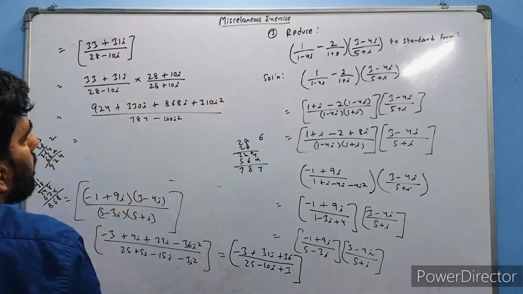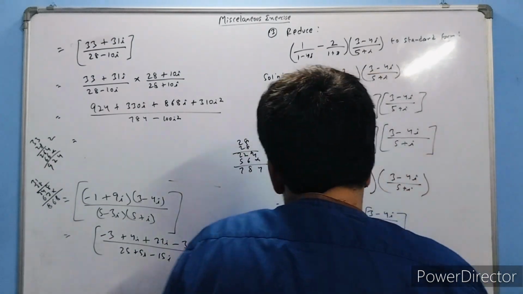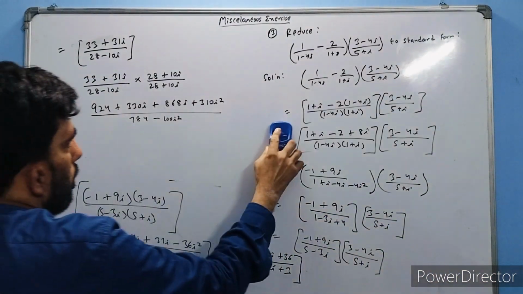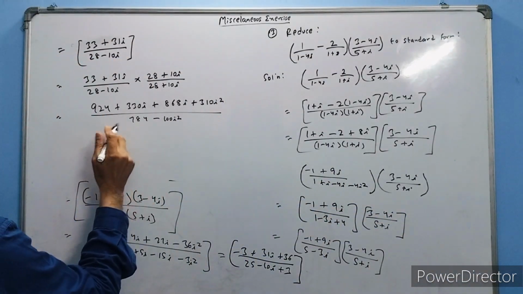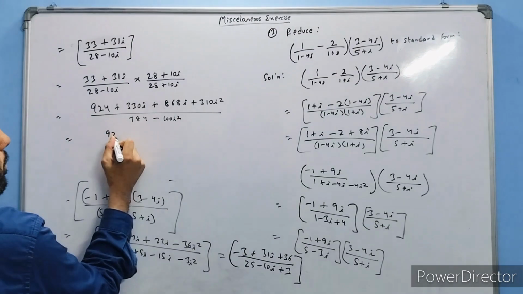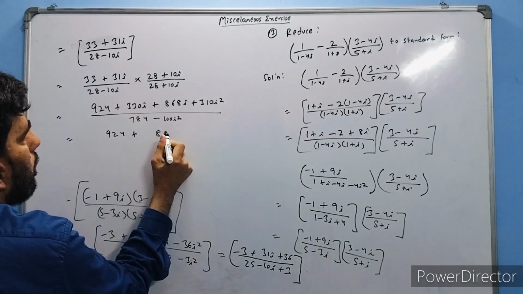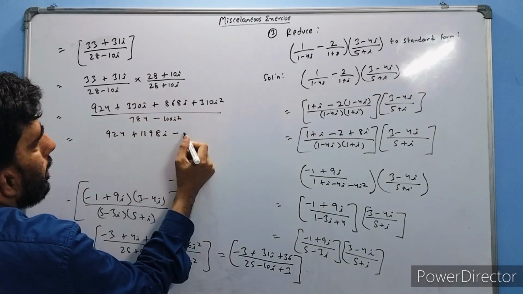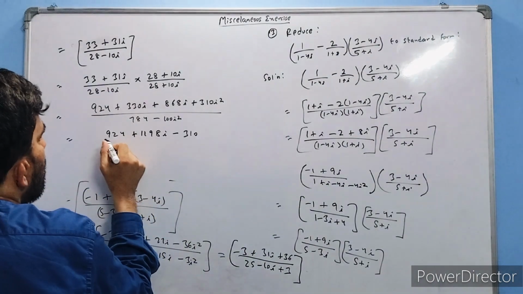So I have this. Now I can say my answer will be what? Let us see what will be my answer here. So if I now put it will be i square. So it will be 924 plus, if I add this, I got 8i, I got 7i minus i will get 310 because i square value is minus 1.